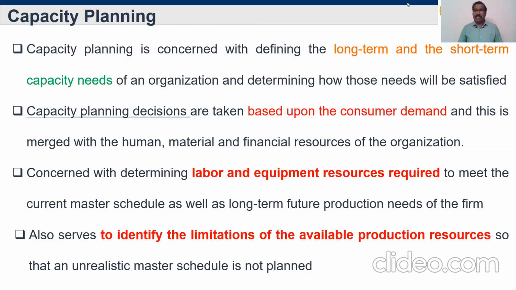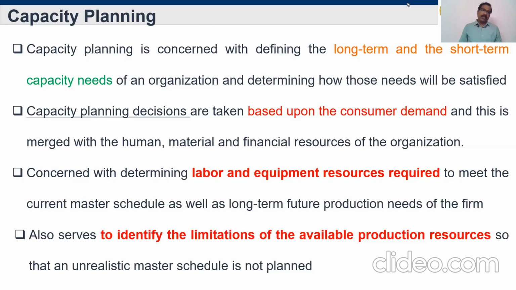Of course, we are making products based on customer demand, but capacity planning is merged with everything in our industry, like the human, material, and financial resources of the particular organization. Everything is interconnected to make a capacity planning decision.